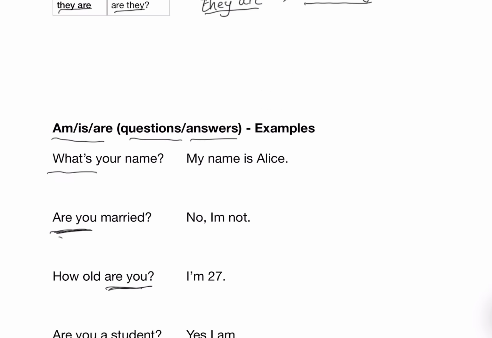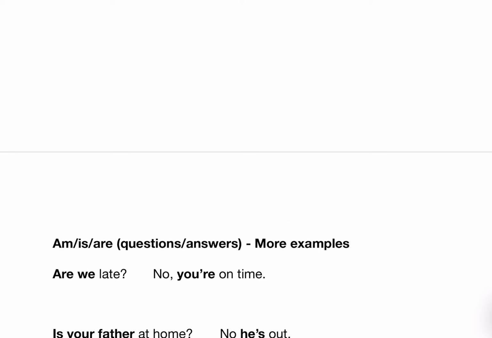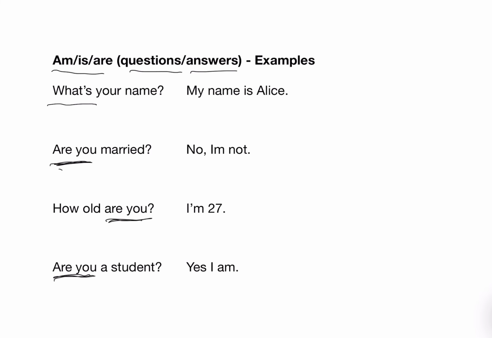So if we have a look at some more examples. So let's practice these examples. What's your name? That's asking what is your name? My name is Alice.